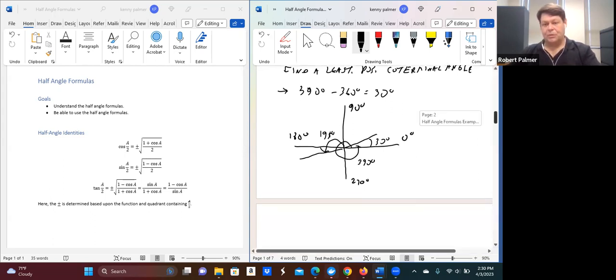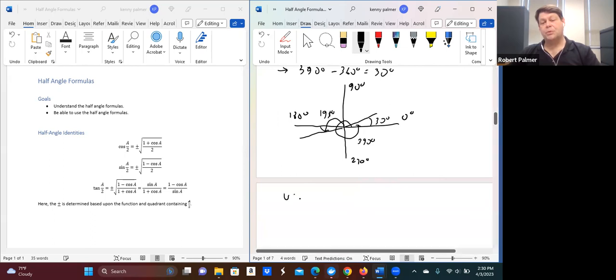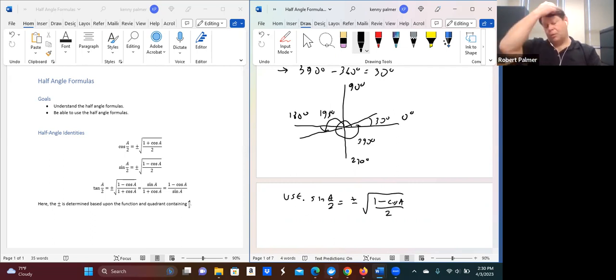All right. So once again, as we did before, we're going to use a half angle formula. So the sine of A over 2 is equal to plus or minus the square root of, this time, 1 minus cosine of angle A over 2. Now, in the same thing, we need to figure out which quadrant we're in. So 195 degrees, of course, is in quadrant 3.